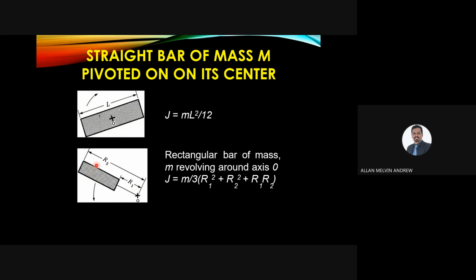And if the bar has an outside axis of rotation, we need to calculate R1 and R2 to replace in this formula: J equals m over 2 times r1 square plus r2 square plus r1 r2. So this is already derived for you to use.